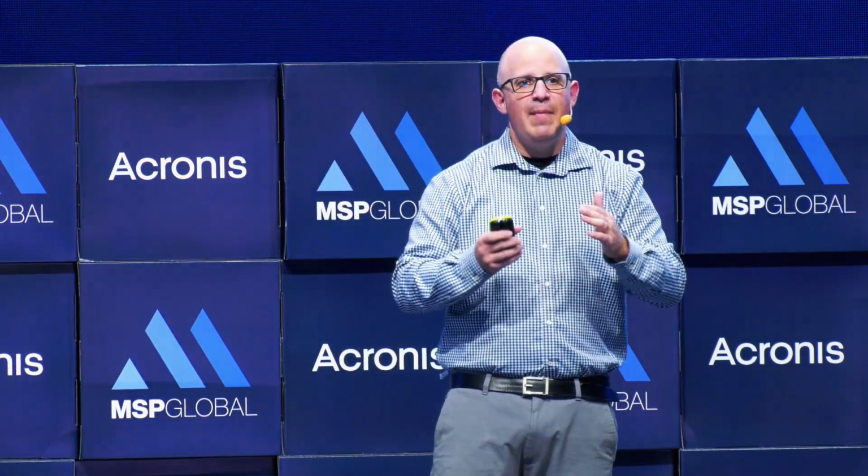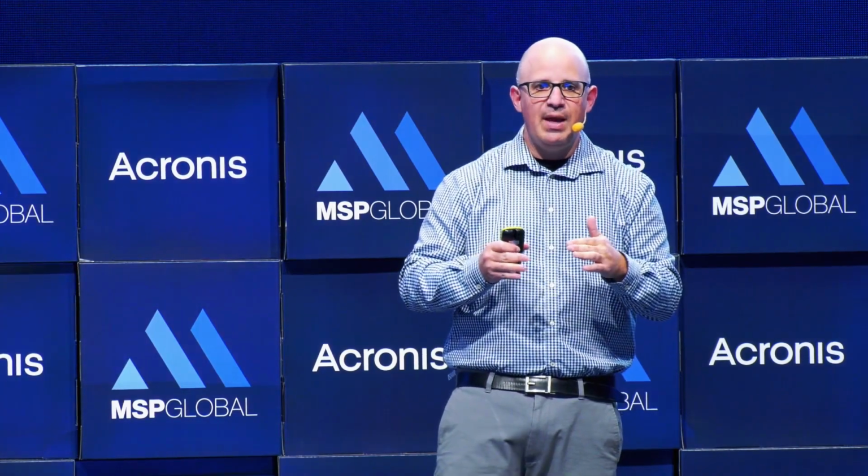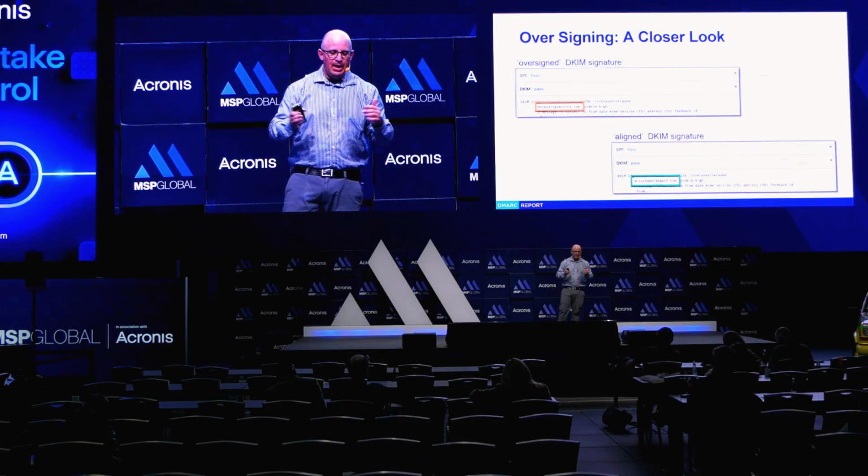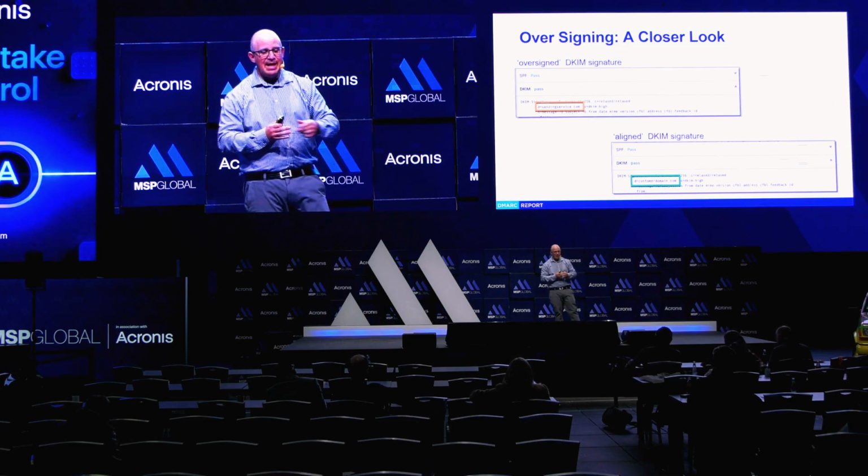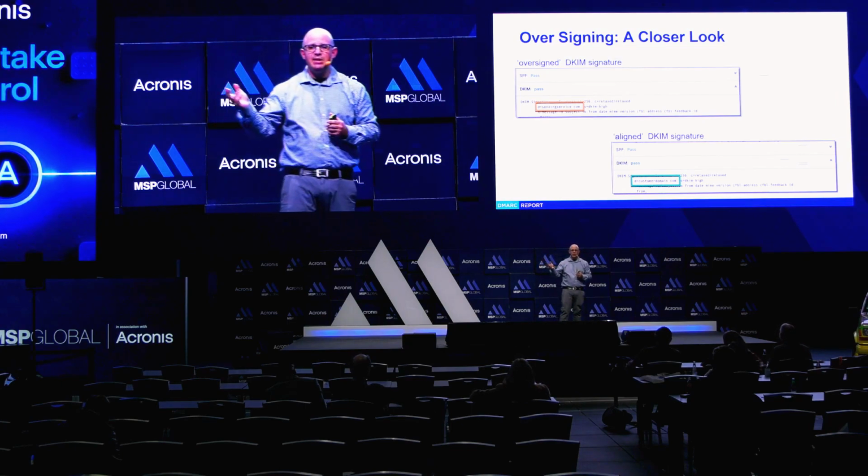So in a world of DMARC and email authentication and DMARC alignment, the opportunity is making sure that your customer's domain is the default sending domain, not just in Office 365, but in all of your customers' third-party sending services. What does it mean? In the top one, in yellow, it says d=sendingservice.com.